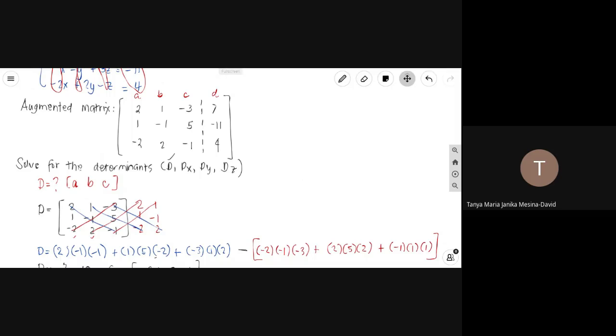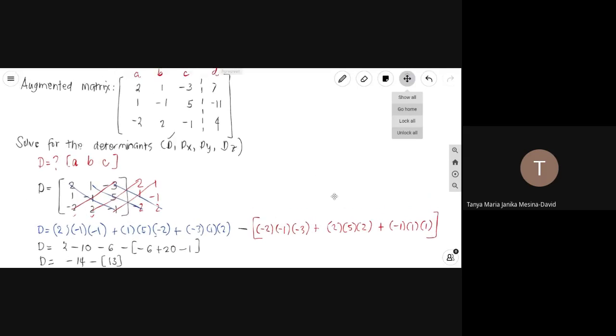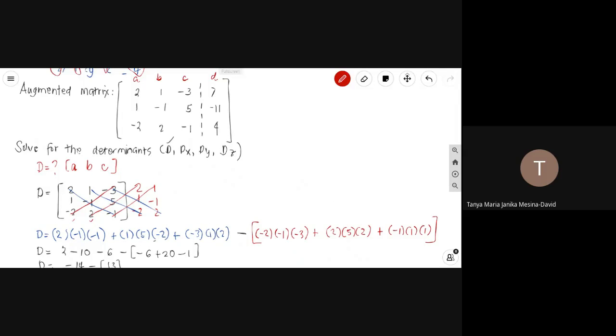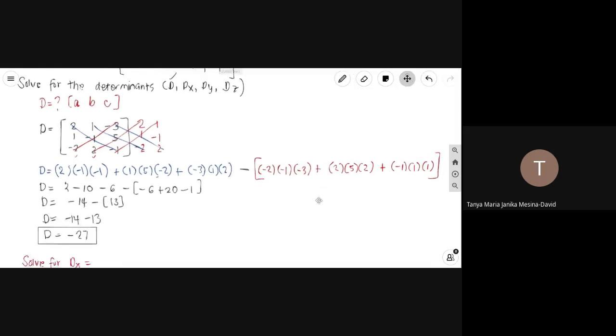Now for Dx, we remember that the coefficient for x is A. So at this point, I want you to cover the column of A and replace it with the numbers in D. That means I will remove A, but I will replace the numbers in A with D. So what will now be our matrix? With that, our matrix would be 7, negative 11, and 4. So I will put it here.